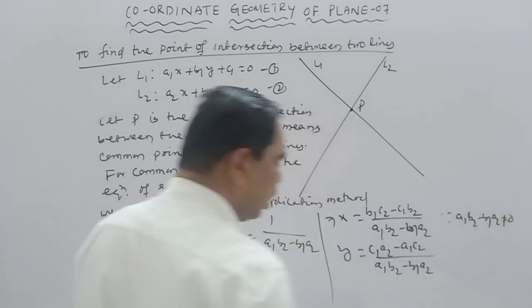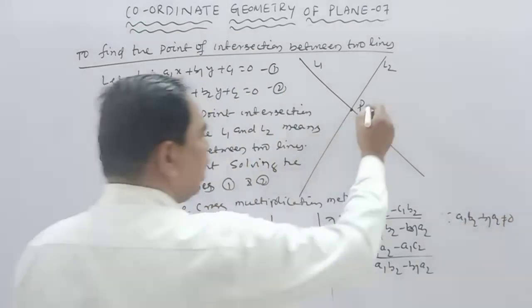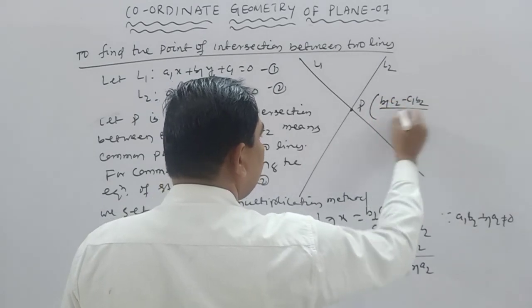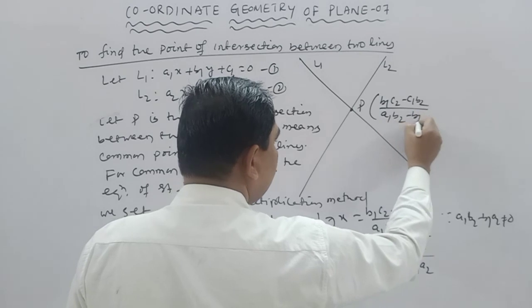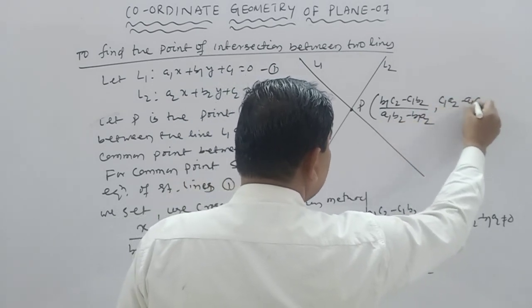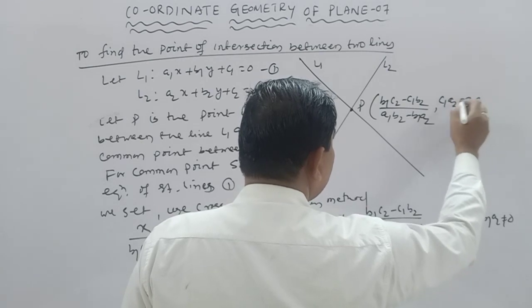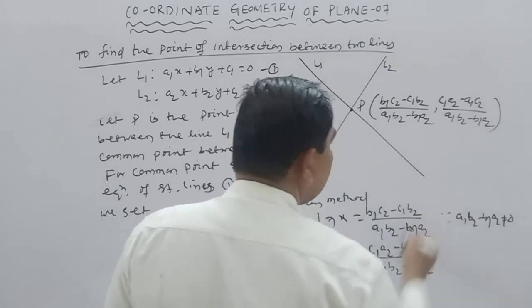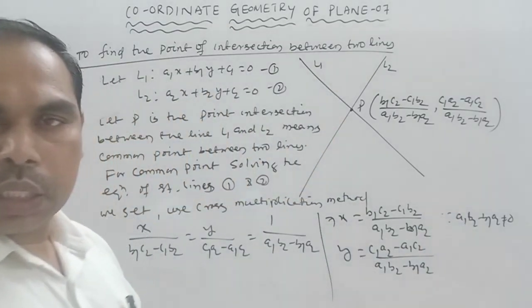This is the point of intersection between two lines.